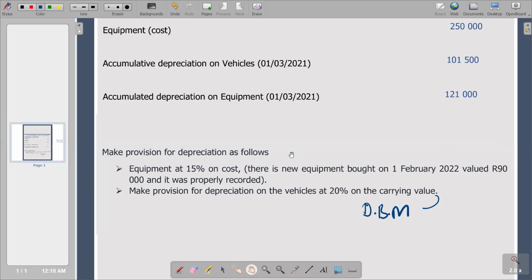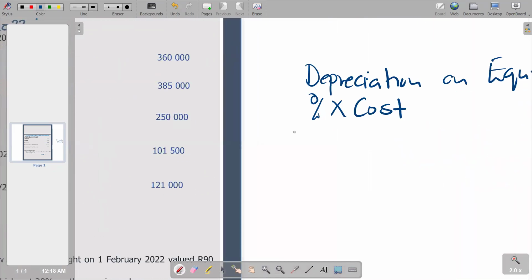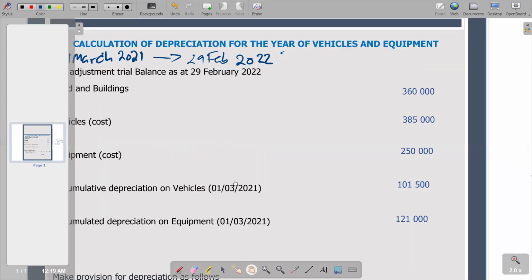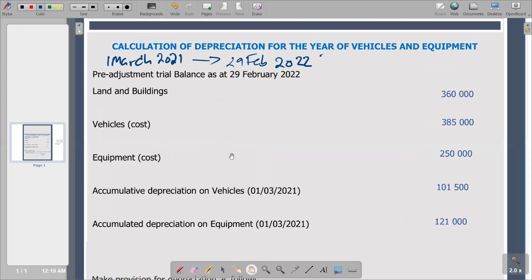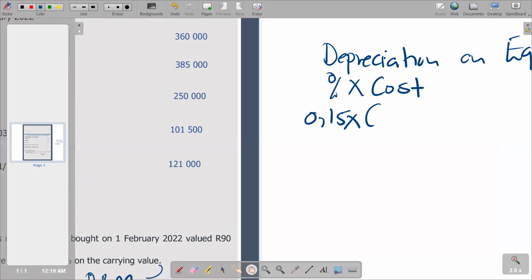So on the calculation of equipment that were there for the whole year, we are going to say 15%, which is obviously, and then we multiply by brackets. We are saying the equipment that we have, which is 250,000. So we put our 250,000.